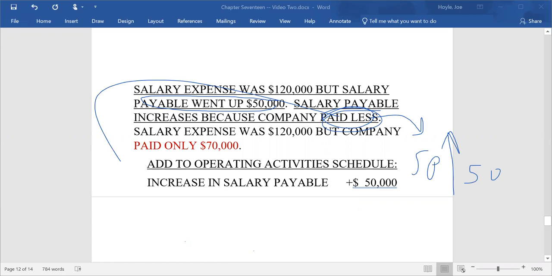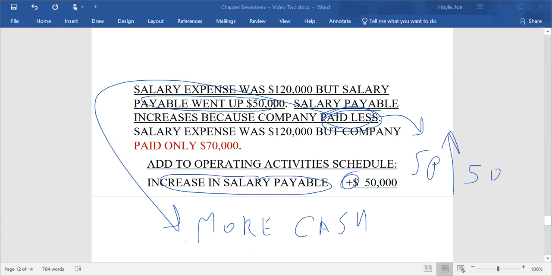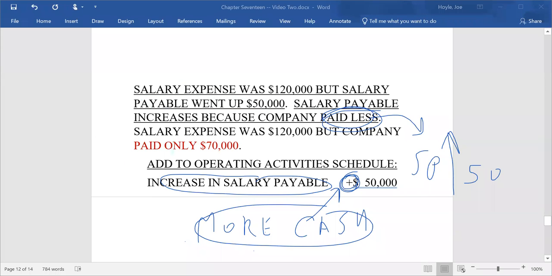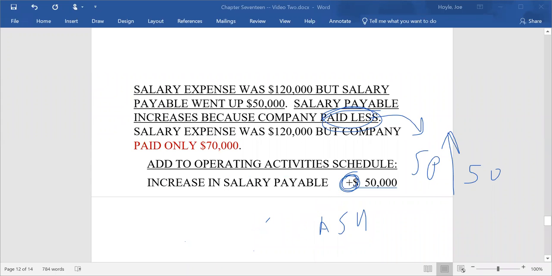Paid less means you've got more cash. That's what paid less would be. So when we're doing our adjustment, the increase in salary payable is added. More cash, 50,000 is added. That's how that connector account is factored in to our computation of the indirect method.